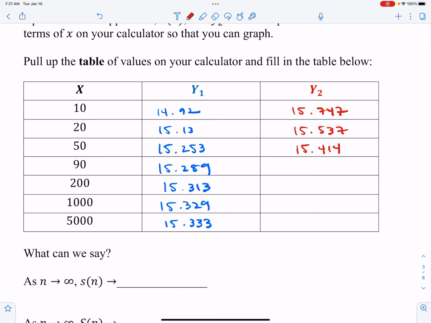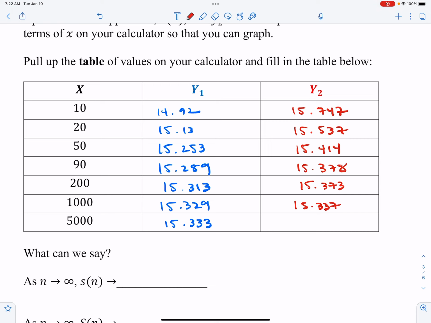For 90, I get 15.378. For 100, I get 15.373. For 1,000, I get 15.337. Sorry, you guys. I'm trying to look across here.